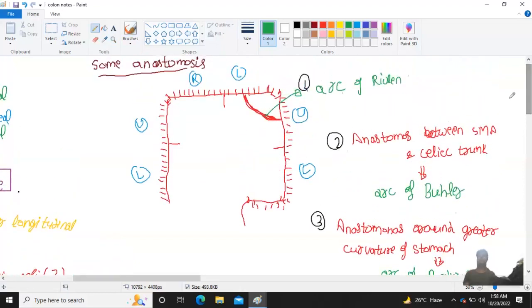Now come to some important points which are more prone to blood loss. Basically, these are points where blood supply can be stopped. So there are 2 points. One is this point, and another is this point.